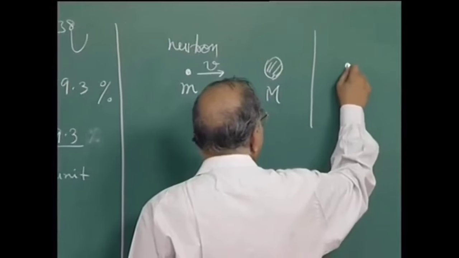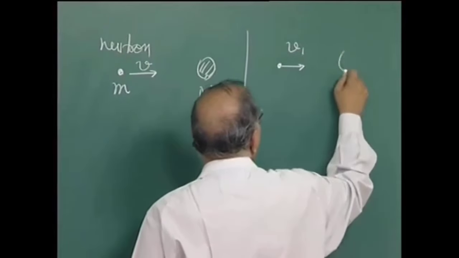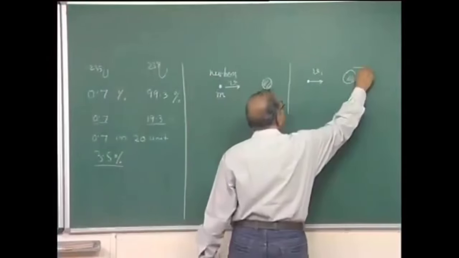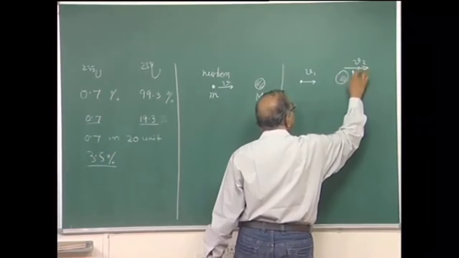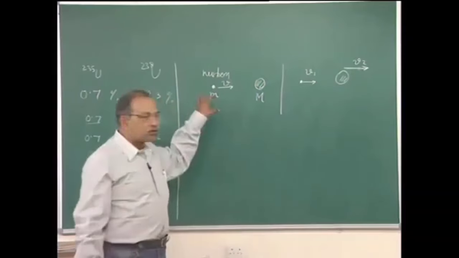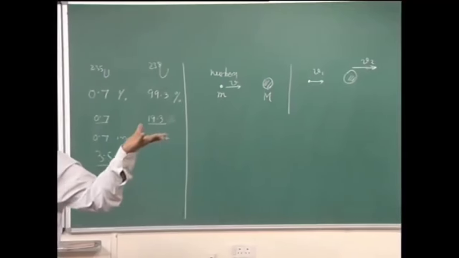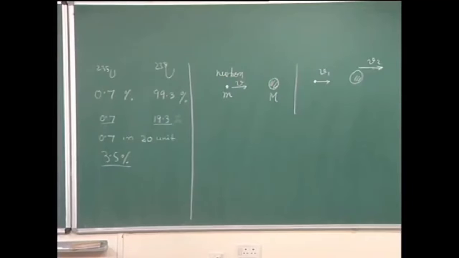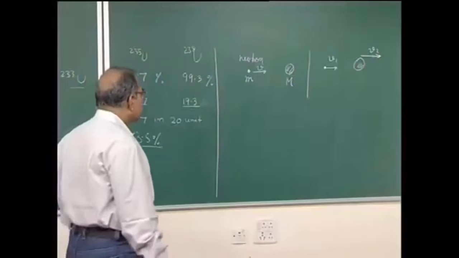After the collision, if this goes with a velocity v1 and this goes with a velocity v2, the separation will increase. In fact, since neutron is supposedly the lighter one and the other nucleus with which it is colliding has a larger mass capital M, the neutron will in fact come back. So, this v1 should turn out to be negative.